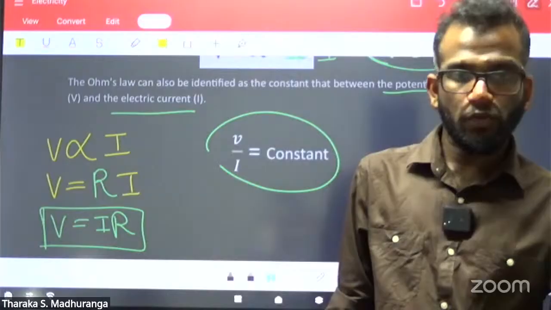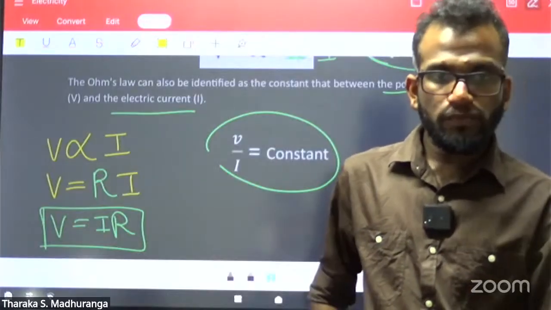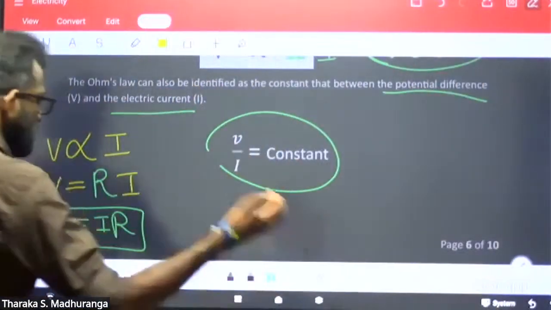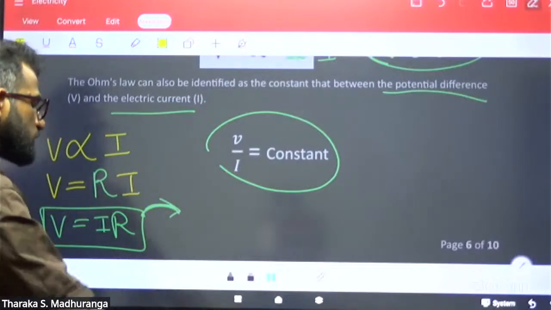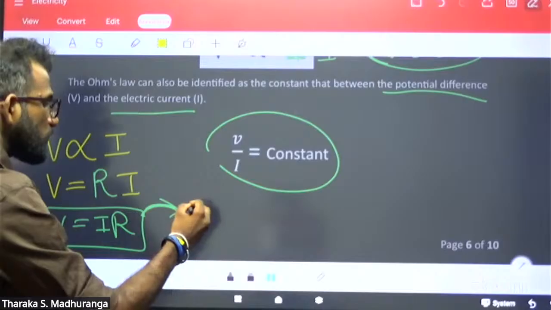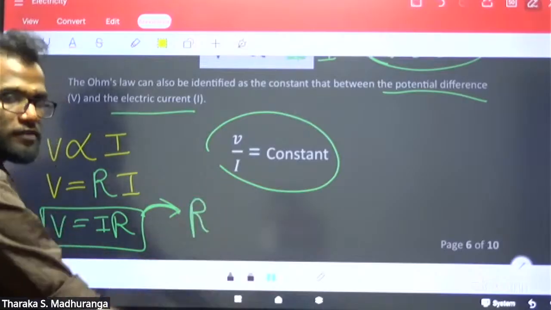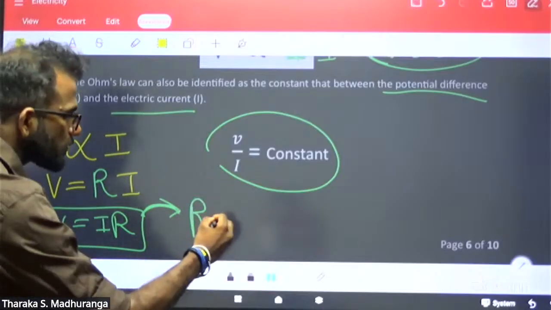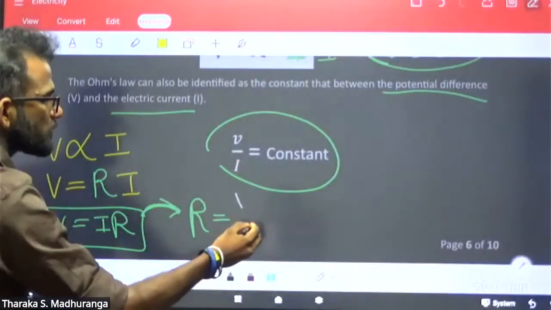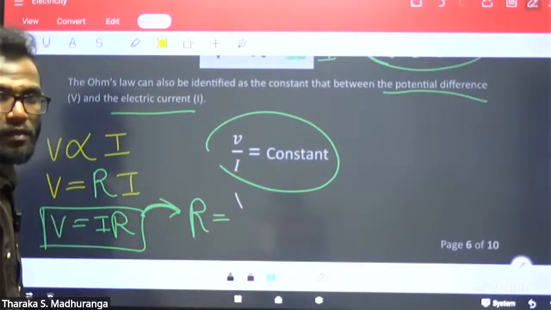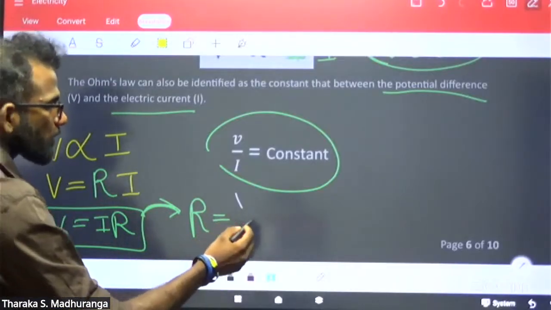Now you can understand. If I isolate this R, what is the value?